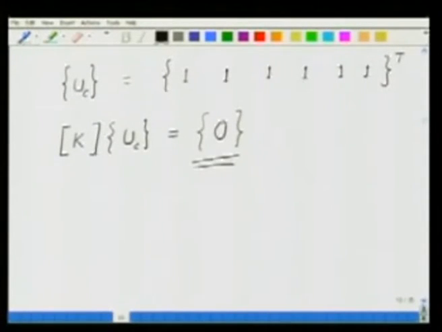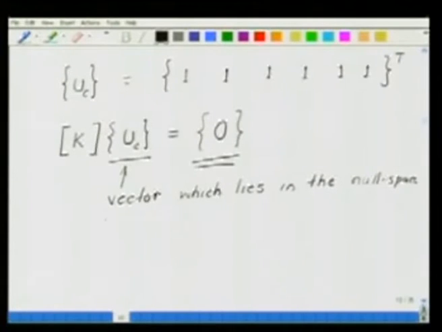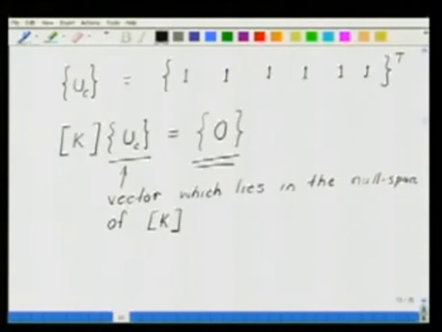Then what can we say about uc? It is essentially the vector which lies in the null space of K. That is, for certain there is one non-trivial vector uc for which Kuc is equal to 0, which means that certainly K has a rank deficiency of 1.